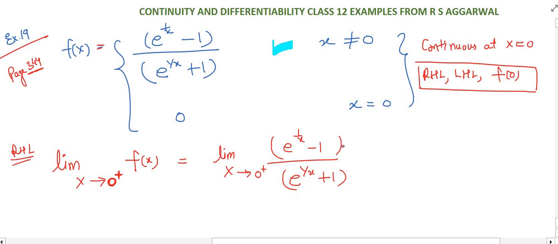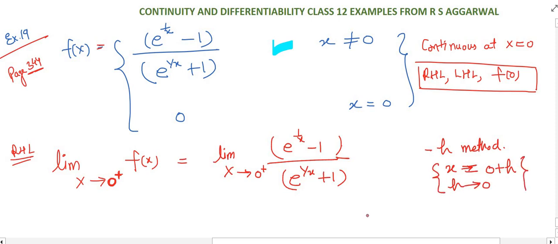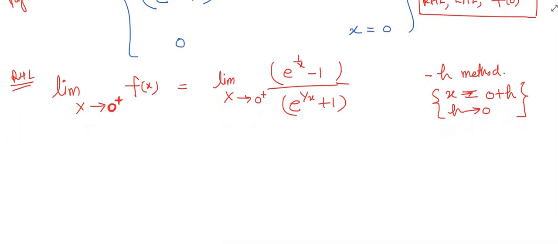First thing, whenever there is something in the numerator and denominator, it's always better to use the h method. For the h method, x is replaced by 0 plus h, and the limit is h tending to 0. This is the h method. Let me apply it.